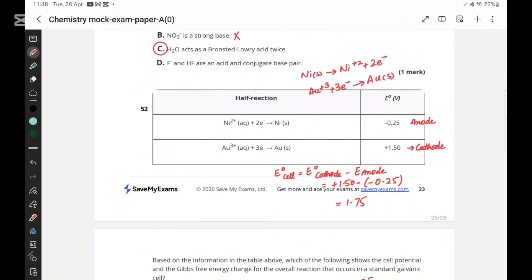Now this is going to be multiplied with 3 in order to balance the electron, and this is going to be multiplied with 2. So we have 3 nickel solid forming 3 nickel ions plus 6 electrons, and 2 Au3+ plus 6 electrons forming 2 Au solid.